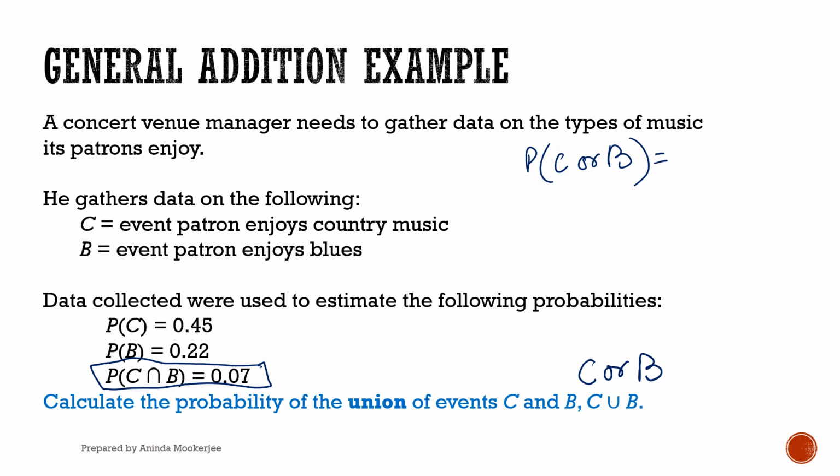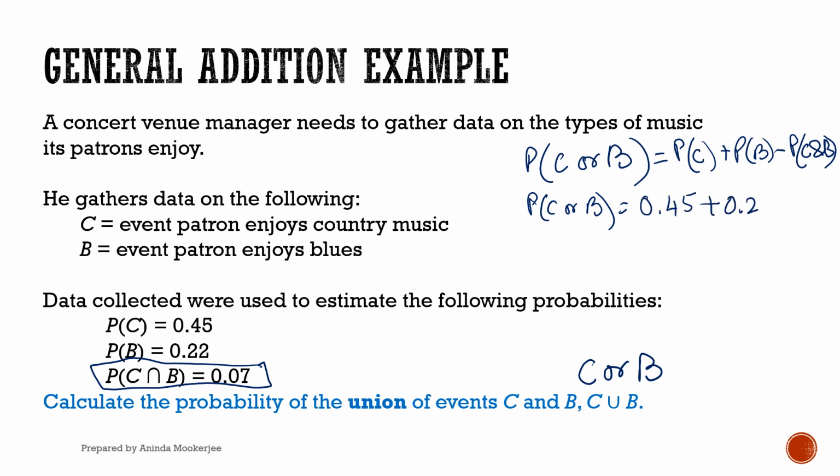It'll be equal to probability of C plus probability of B minus probability of C and B, or if we are using set theory, the intersection. So just plug in the values. Probability of C or B will be equal to 0.45 plus 0.22 minus 0.07. We can just perform this calculation and we will get an answer.